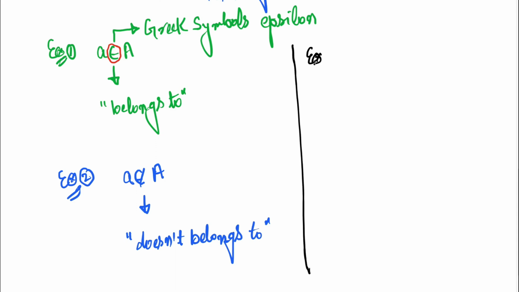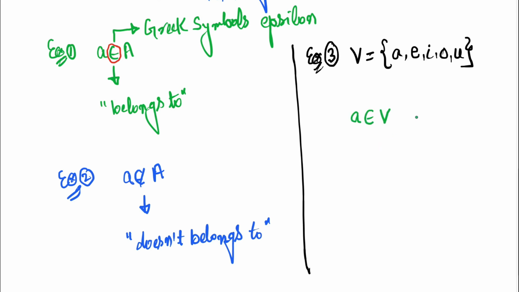Example 3: we have a set V, which is the set of vowels in the English alphabet, that is, A, E, I, O, U. If I write a belongs to V, it means that the symbol is in that set, and if I write b doesn't belong to V, it means that we don't have that symbol in our vowel set.